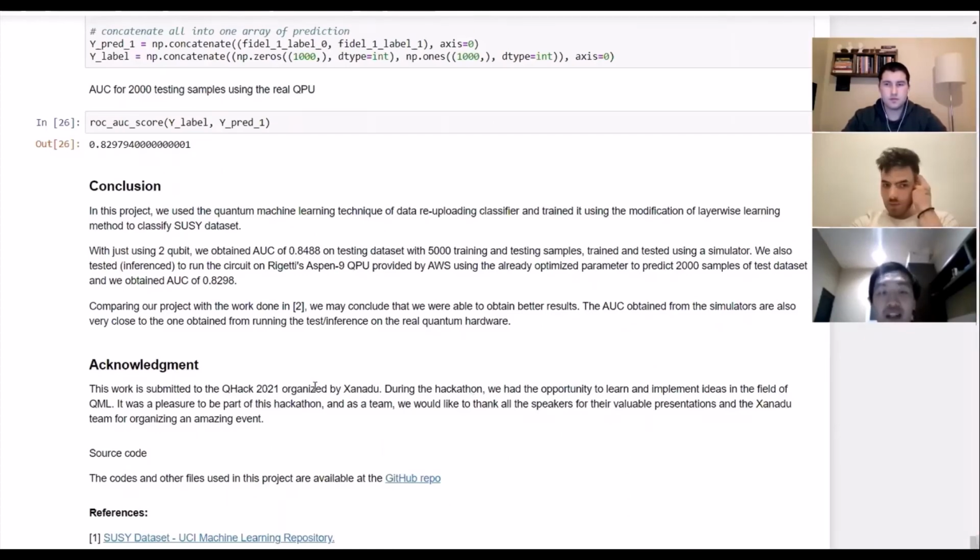And we get an AUC of about 0.82 with 2,000 samples on Rigetti's real QPU device. Comparing this result, we may conclude that we were able to obtain better results compared to the one in reference paper number 2. And also the AUC obtained from the simulators is very close to the one we obtained from the QPU device.